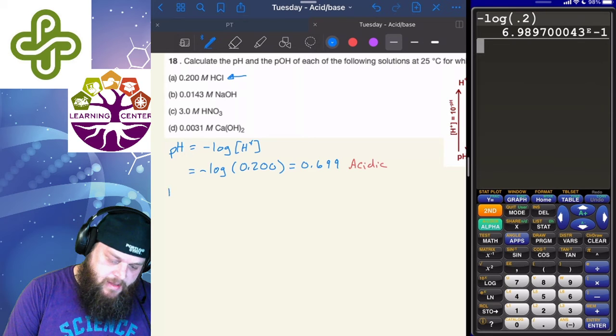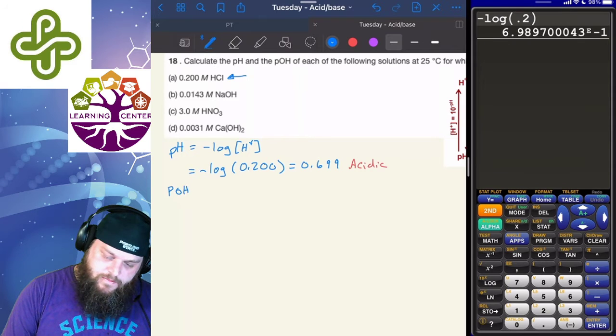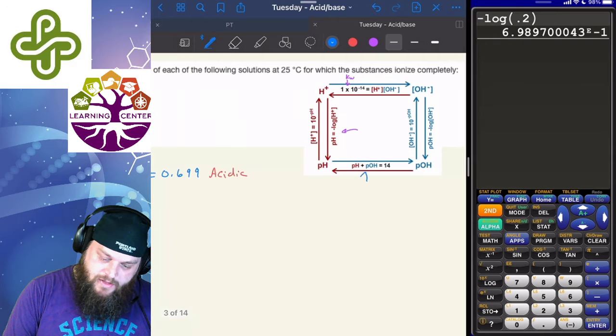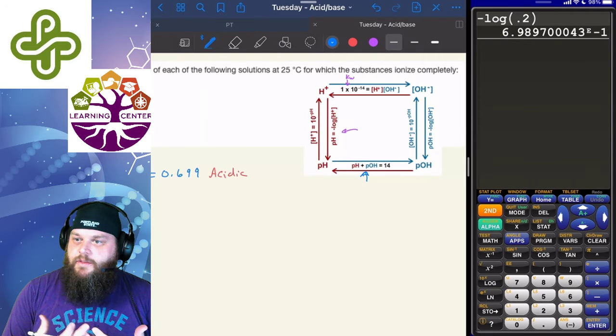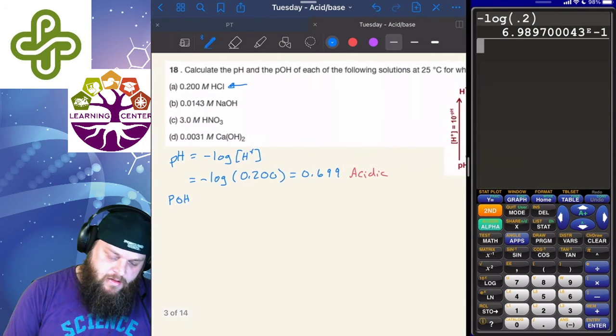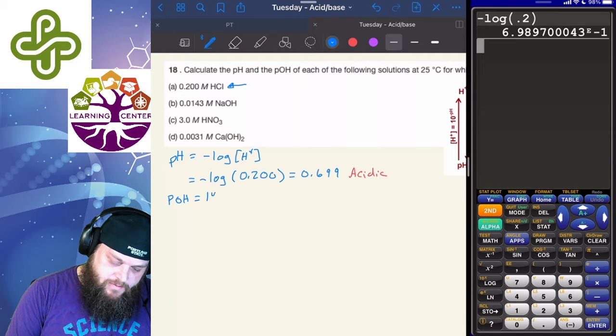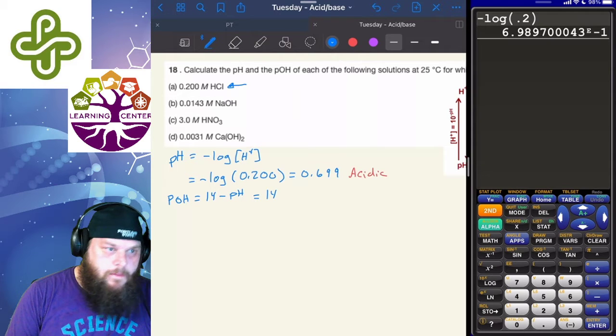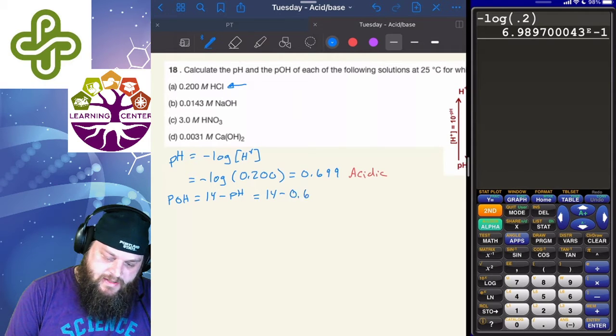If we want the pOH, notice we can just say the sum of the pH and the pOH is equal to 14. So we can say that's going to equal 14 minus the pH, which is equal to 14 minus 0.699.